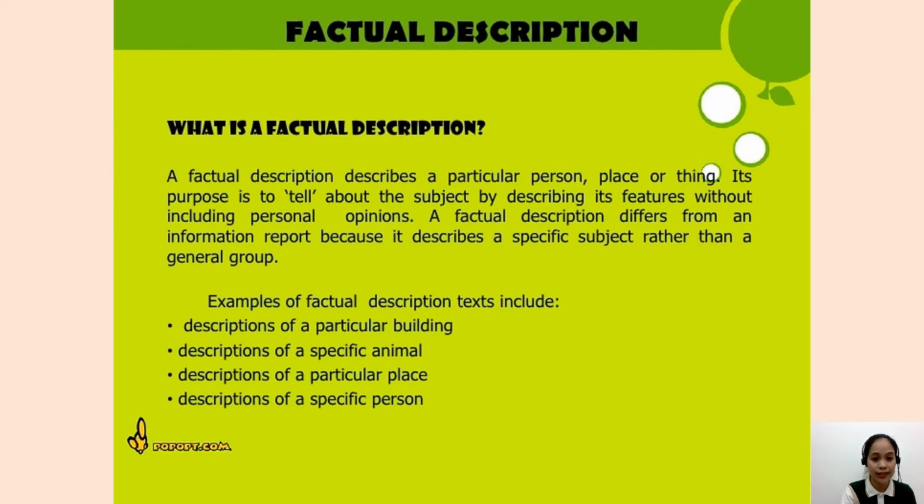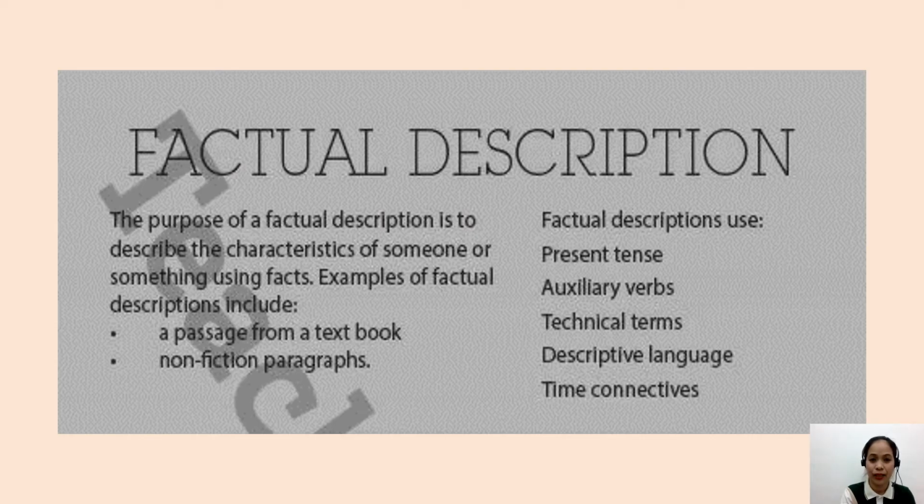So here are examples of topics for a factual description text. You can use descriptions of a particular building, a specific animal, or a particular place. Also, a specific person. So, the purpose of a factual description is to describe the characteristics of someone or something using facts.